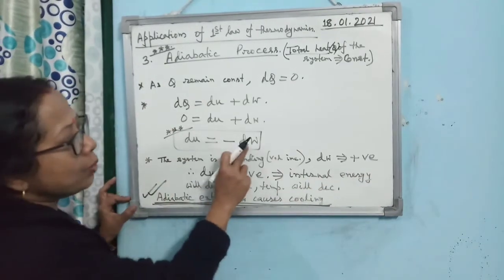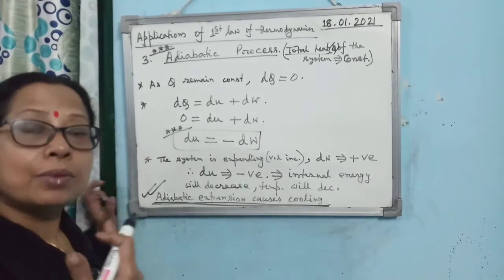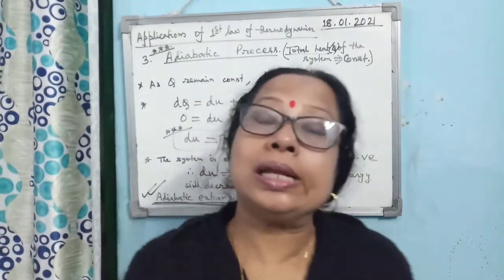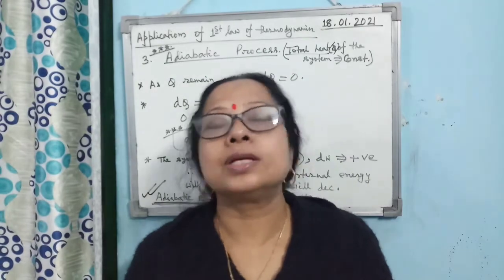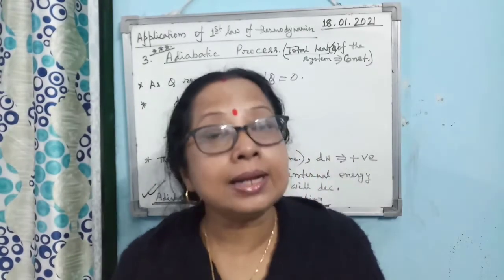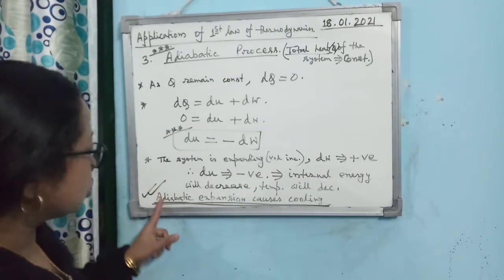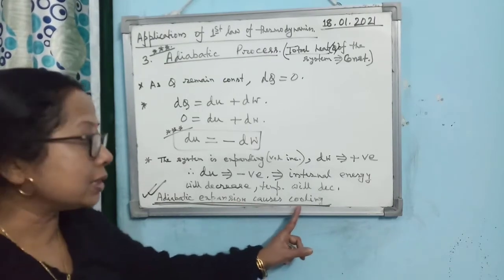If dW is negative, dU will become positive. dU positive means internal energy will increase, which means the temperature of the system will increase. It means adiabatic contraction causes heating, just opposite of this one.